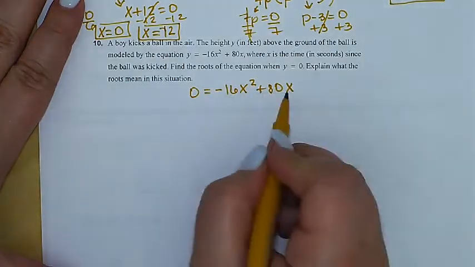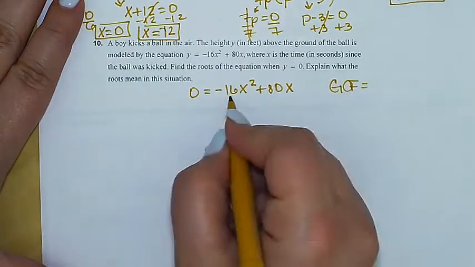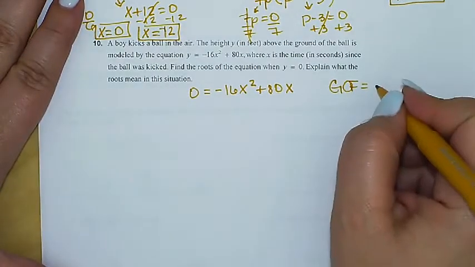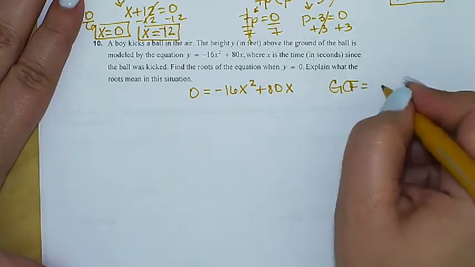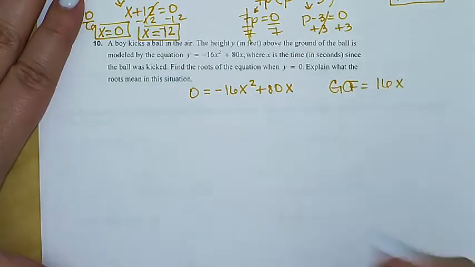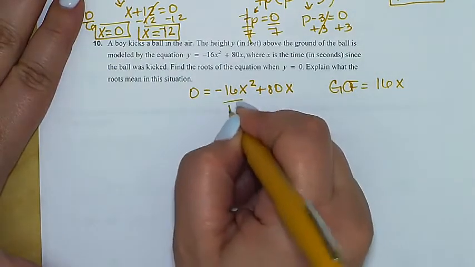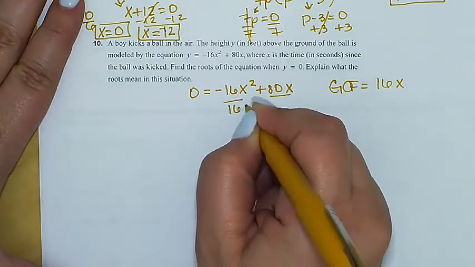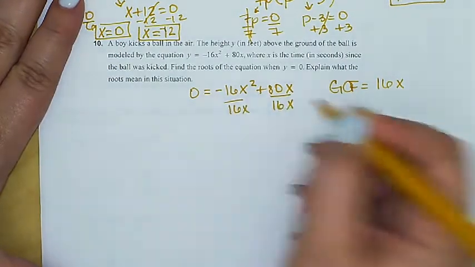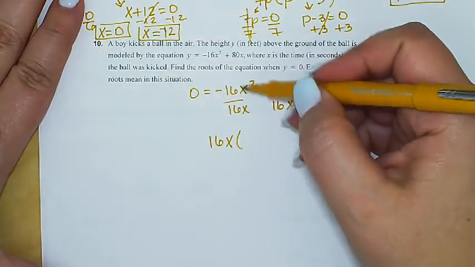I'm going to look for a GCF here. Okay, for this problem, the GCF happens to be a 16, because I know 16 goes into itself, and I know it goes into 80. And an x, the lowest power, is your greatest common factor. Okay, so in order to rewrite this, I am going to divide it by 16x on both terms and rewrite it as 16x times.